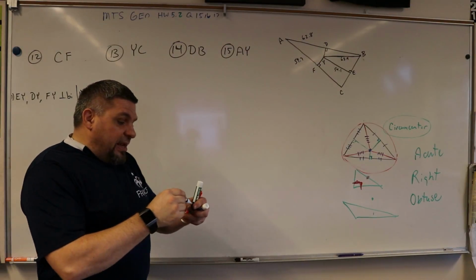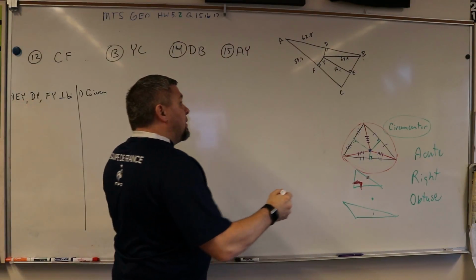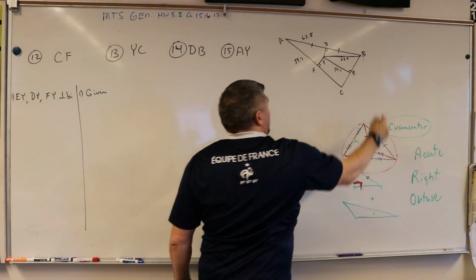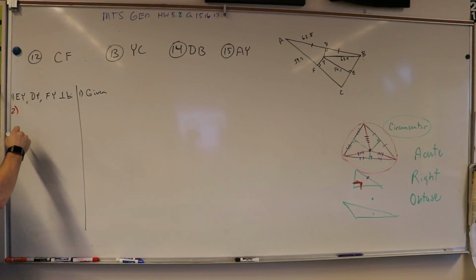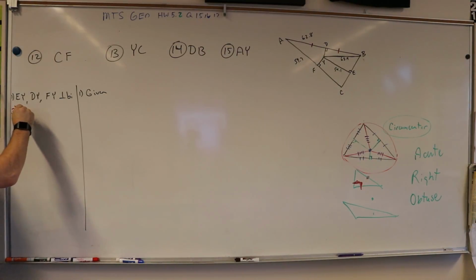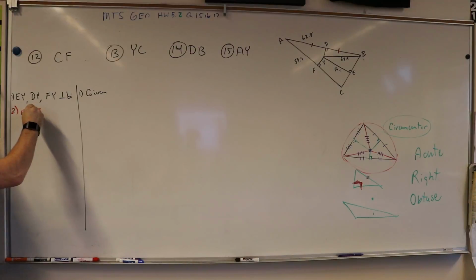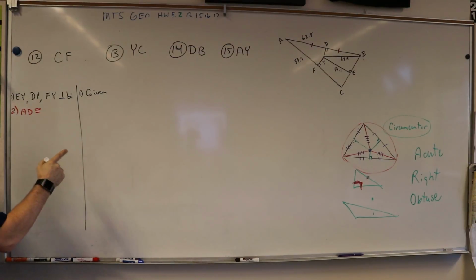So what that means is that this is congruent to this. So our first step is that AD is congruent to BD.